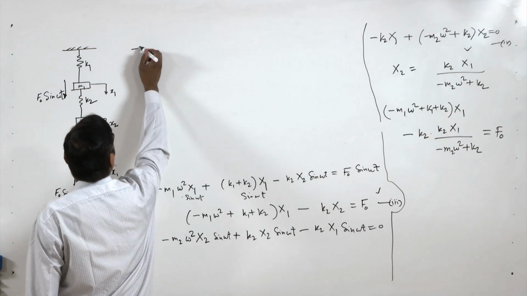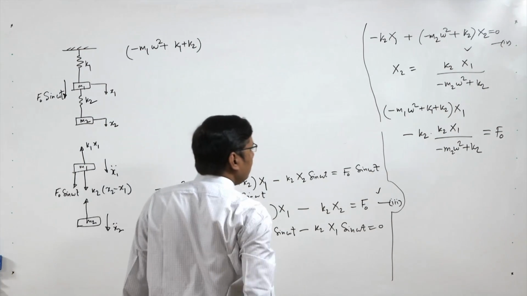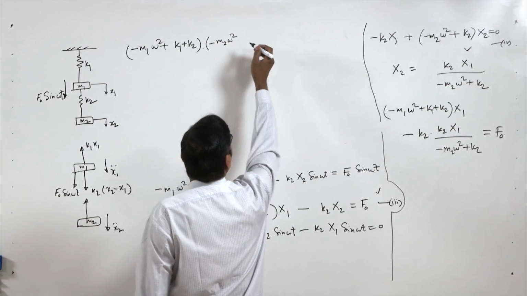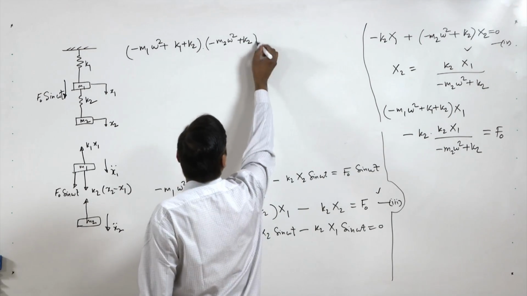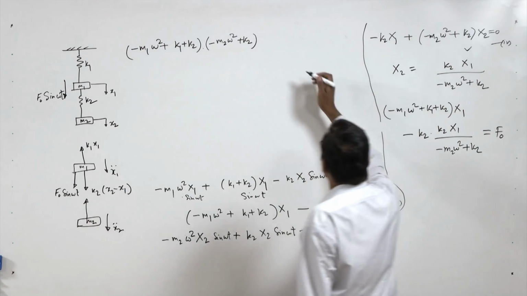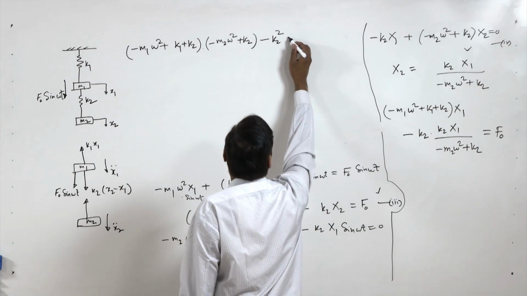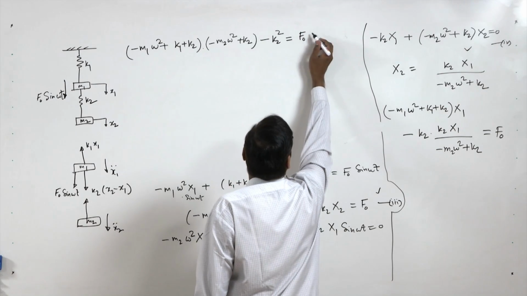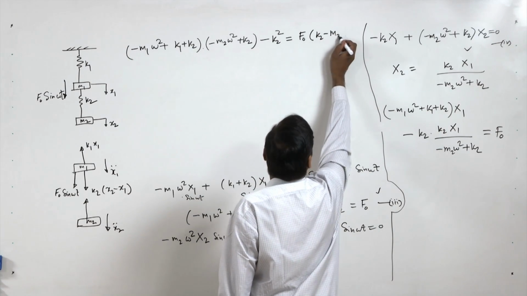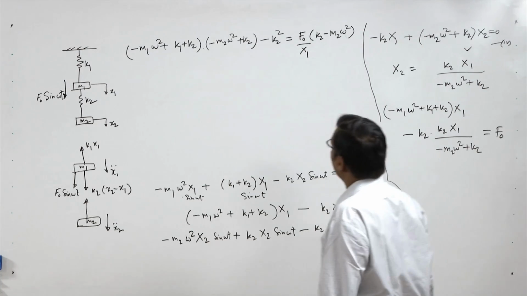We will have (minus m1 omega square plus k1 plus k2) into (minus m2 omega square plus k2), because this term will multiply this term, minus k2 square, equal to F0 into k2 minus m2 omega square, and X1 is common so it can go in the denominator.